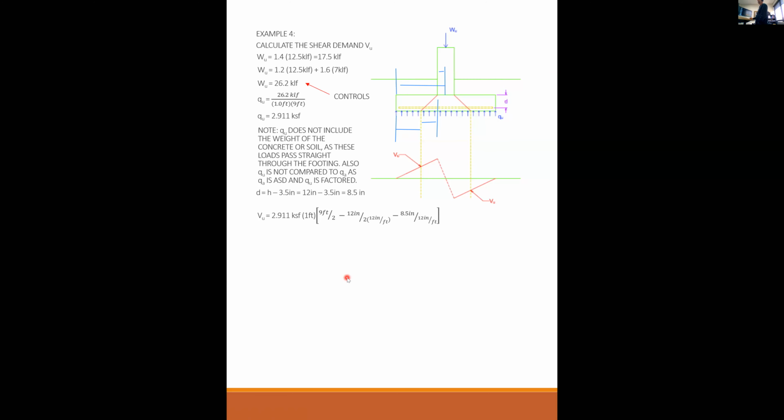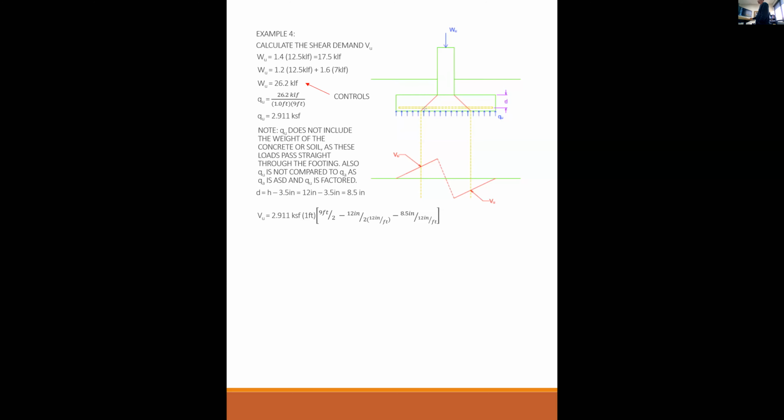Professor? Yeah. So there's 2 D's over here. The one is from the center of the rebar up to the very top of the footing, yes, and then the distance where you want to find from this corner to where we're looking for the shear. That's the same D. So they're always equal? Yes. Because that's what they did. They basically said, okay, this depth is something that we designed.